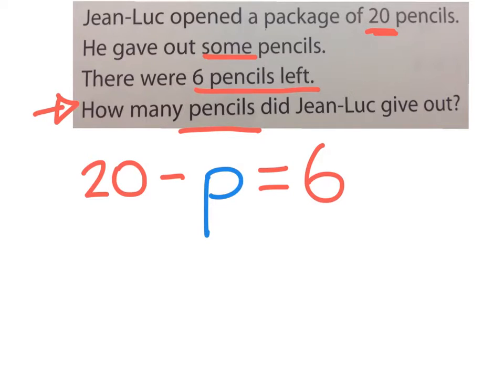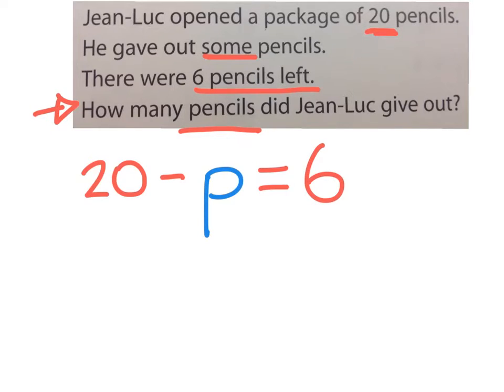P for pencils. Exactly. Alright. 20 minus P equals 6. This is an equation, and now we get to solve it. But that's kind of tough to solve. 20 minus P equals 6.